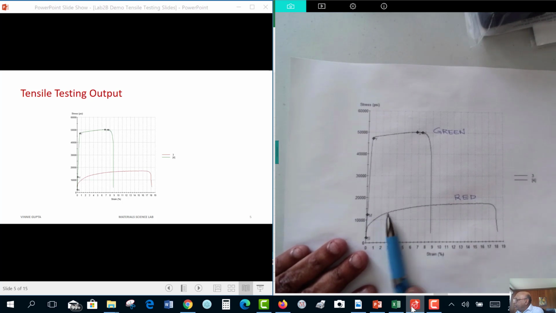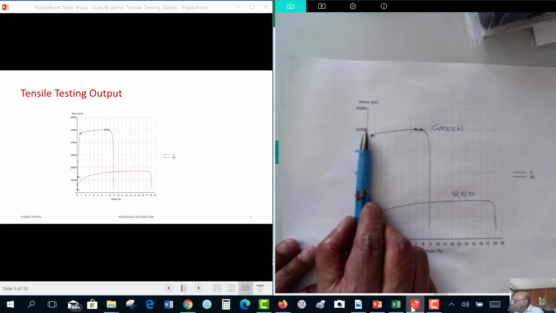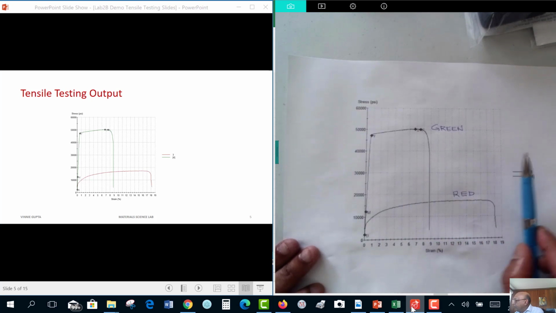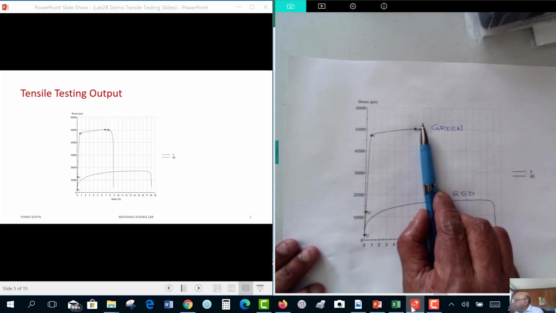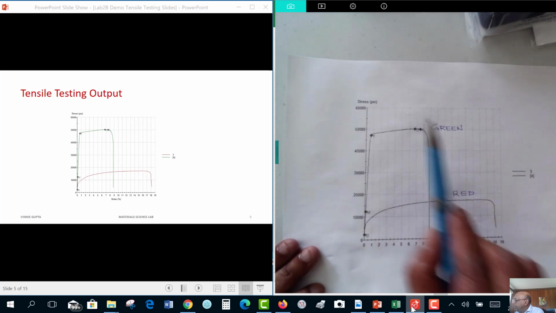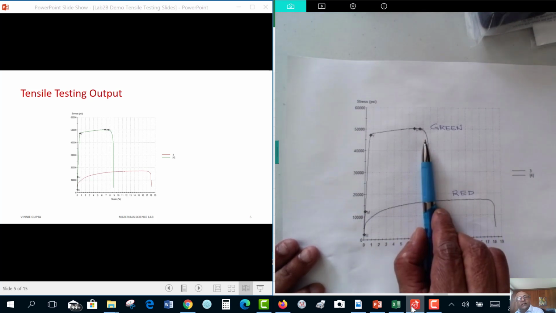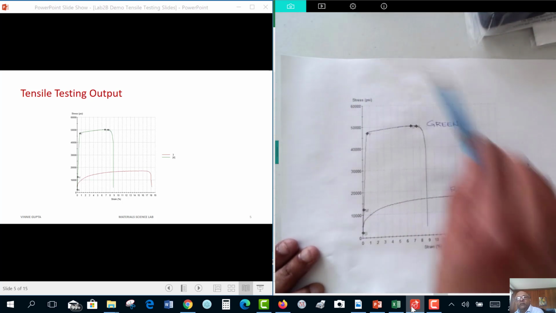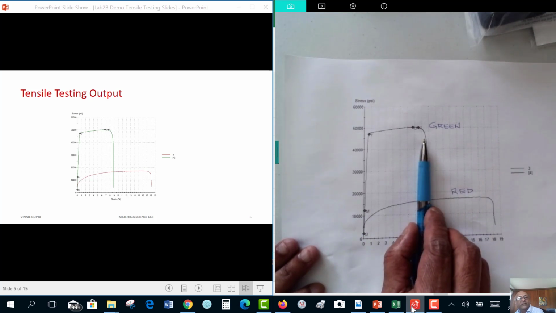So qualitatively, you can see green is much, much stronger than red. Both yield strength and tensile strength are much, much higher. Elastic modulus for both is about the same. The slope is about the same. And of course, when we precipitation harden from red to green, ductility decreases. Strength increases, but ductility decreases. Right?